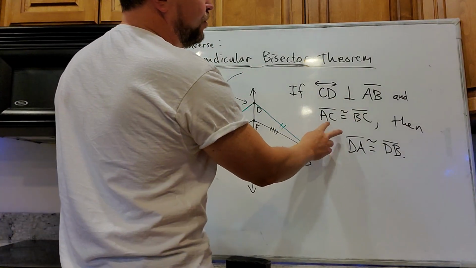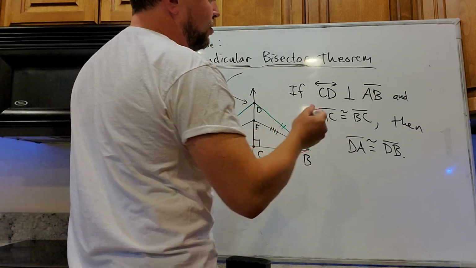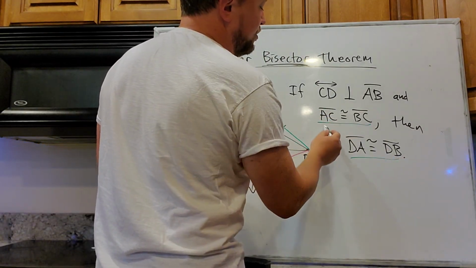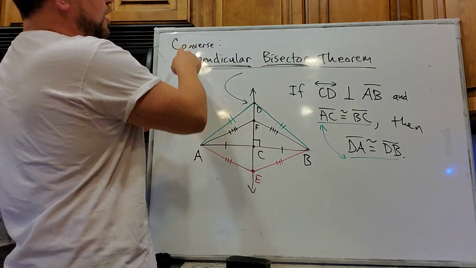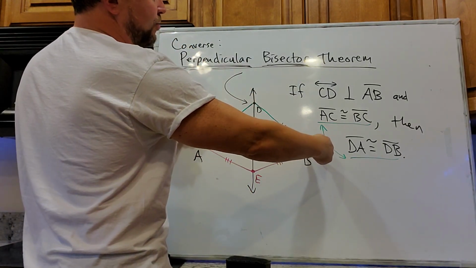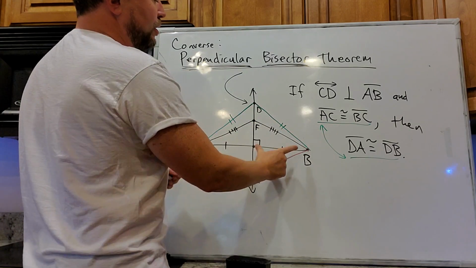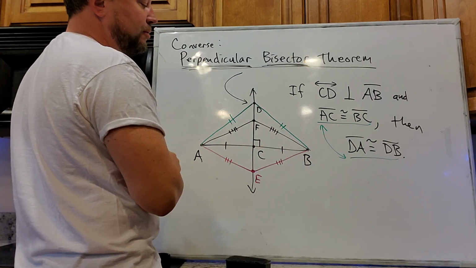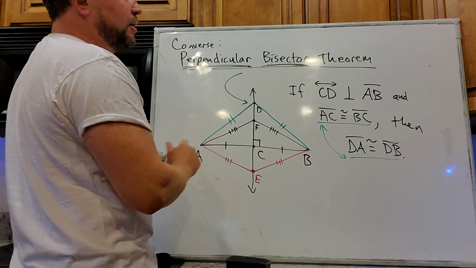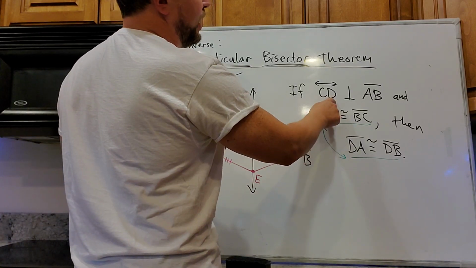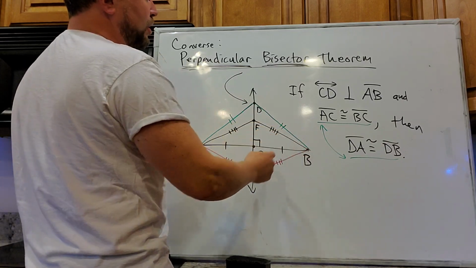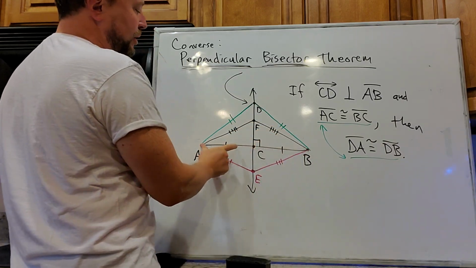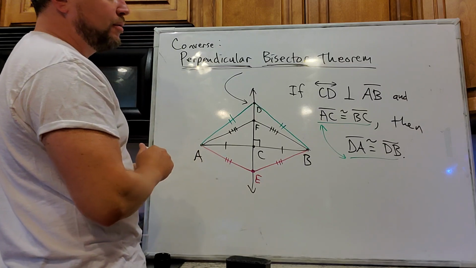So really we're just going to switch these two. In the converse, if we know these lengths were the same and that was a right angle, then it's guaranteed to bisect it. We could even switch this one with that one and say that if we already know they're a right angle and these are the same, then that means AC and BC will be the same.